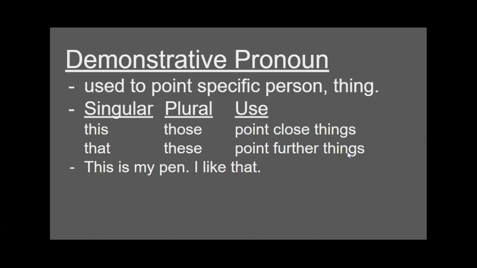Let's do an example. This is my pen. The pen which is very close to you, you will use this. Suppose you saw a house which is further away from you, you will use that. I like that house.